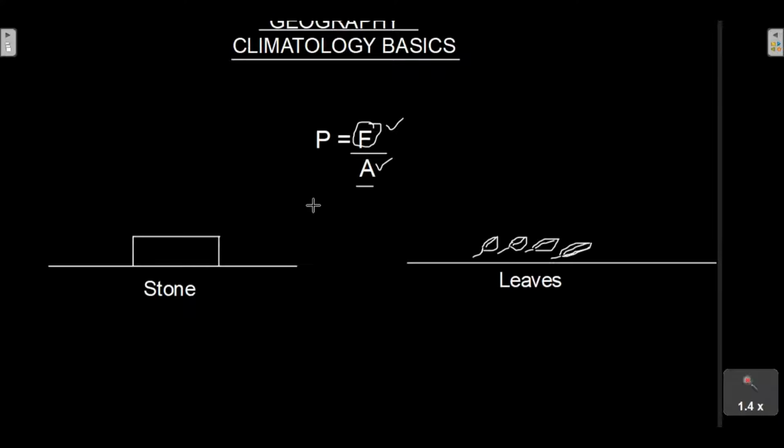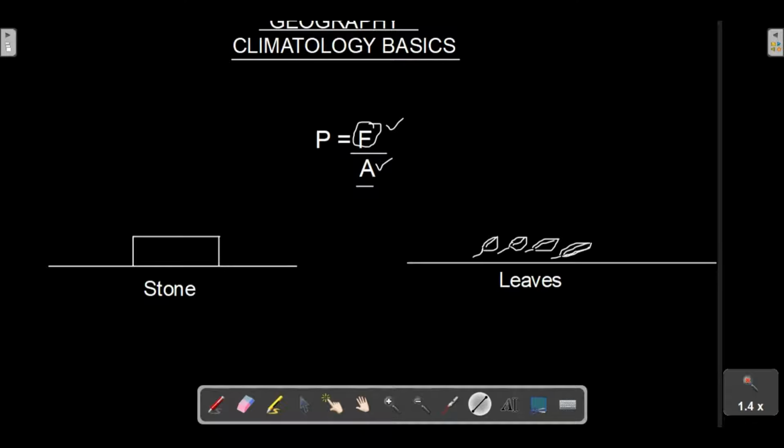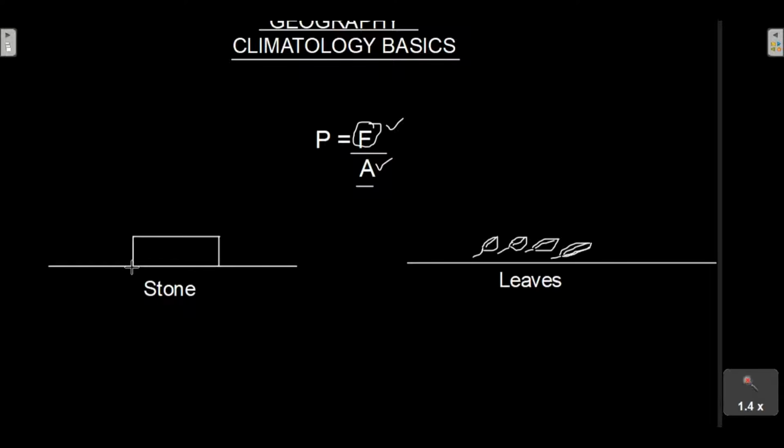Here we have two objects, and let's say that these two objects occupy the same surface area. So from there to there is the same as from there to there.